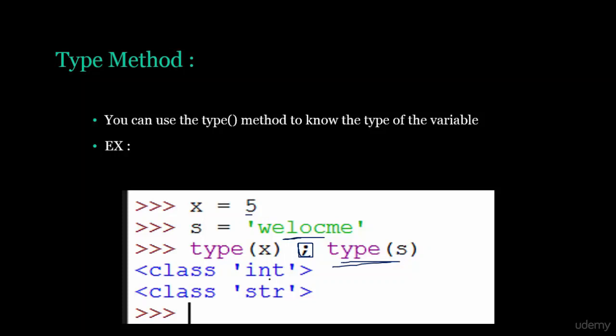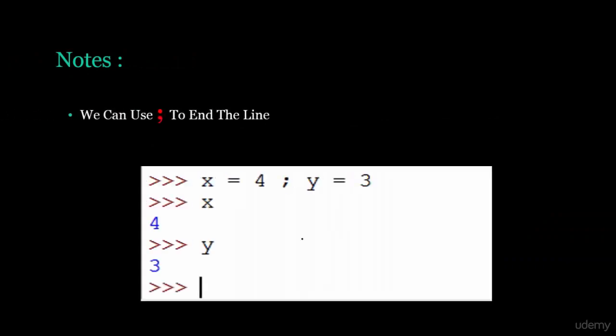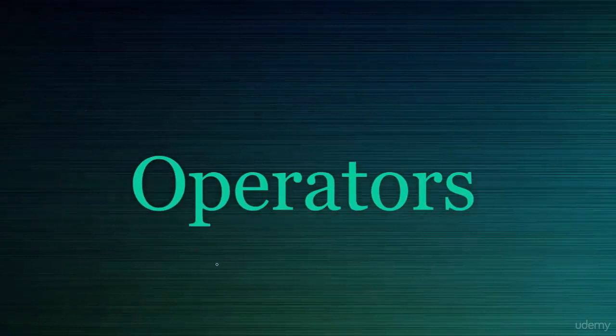This will print class int, this is an integer, and class str, this is a string. Okay, remember that. We can use a semicolon to end the line. If I type x equal to 4 semicolon y equal to 3, x will get 4 and y will get 3. Okay.